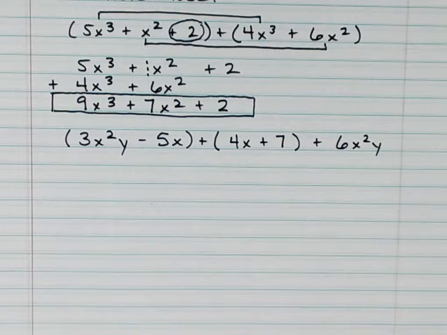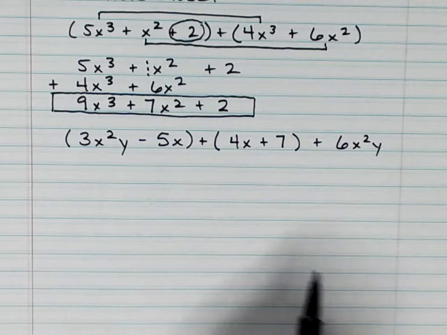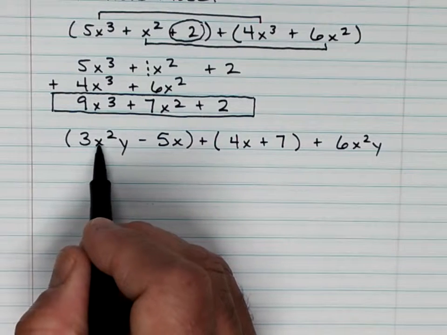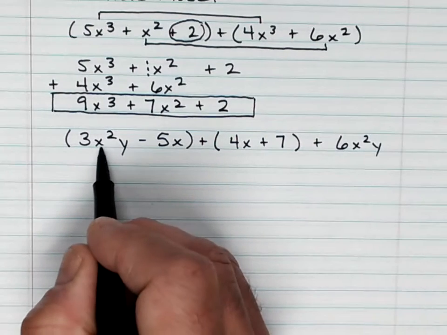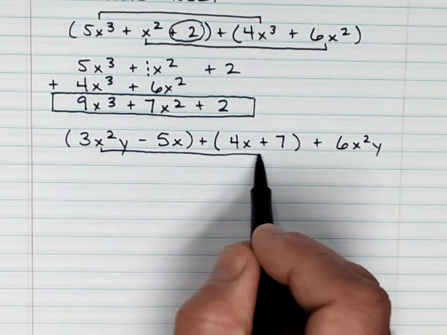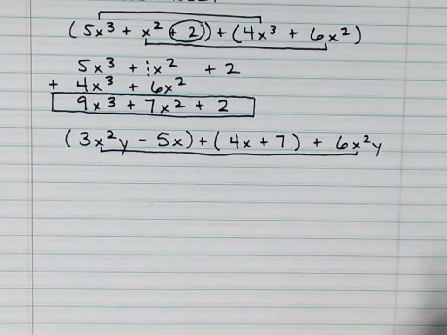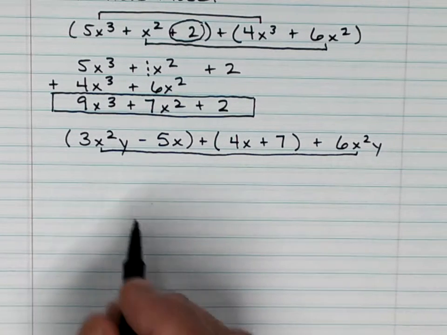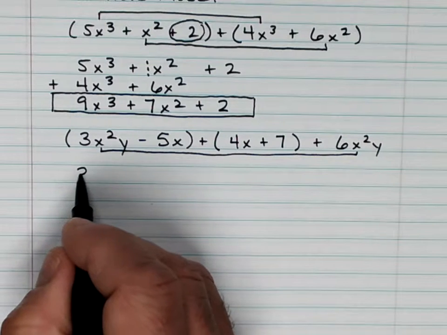So again, you're looking for like terms. The first thing I see here is an x squared y, and way down here to the far right I see another x squared y. So we're going to stack those.